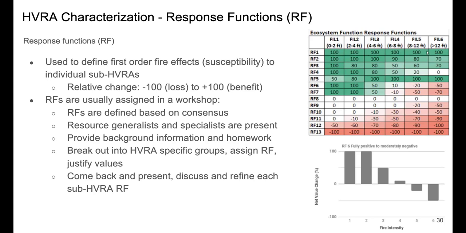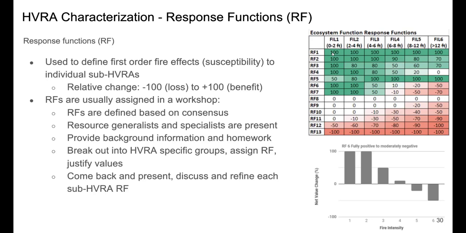So we've color coded them to help users a little bit because this can be a cumbersome process, but you know, the green being positive, the red being negative, and then shades of red and green with increasing positive or negative response functions. And this one here is from the ecosystem function from the national set, but these you can manually enter them.